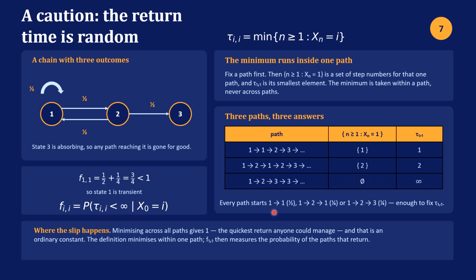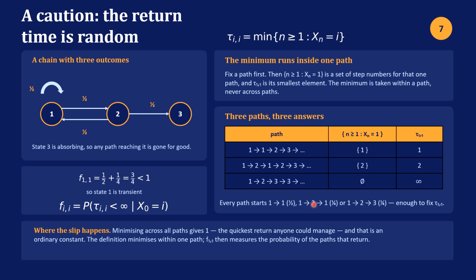The other point I wanted to make is that every one of all the possible paths starts in one of three ways. Either 1, 1, like this, and then what happens after that doesn't matter, at least in terms of the tau, it's going to be 1, because you came back in one step. You could oscillate between 1 and 2 after that, but once you come back to 1 on the first step, you get this here, and that's probability 1/2.